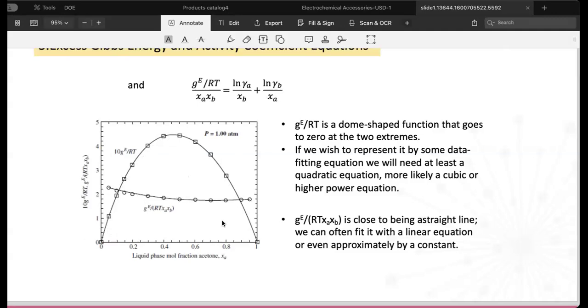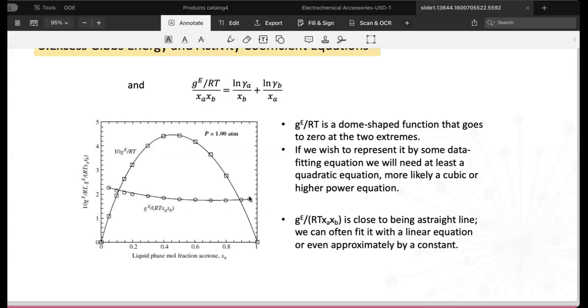And the good news is if we divide GE over RT by XA XB again, the shape of this curve changes, and it looks more like a linear function. I cannot say it's a line, but you can approximate it as a line. This one is GE over RT, this one is GE over RT XA XB.